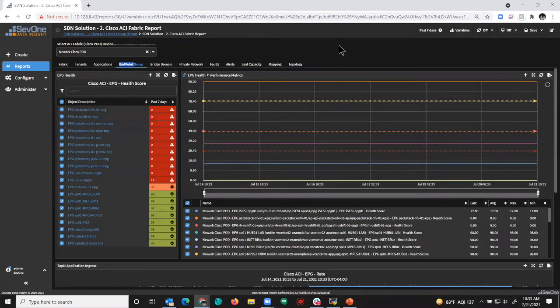So you've got to have endpoint groups to have applications to have tenants, right? So there's a building block here. Endpoint groups can have health status just like anything else. A good example of a bad health status for an EPG would be, hey, I don't have any more members.